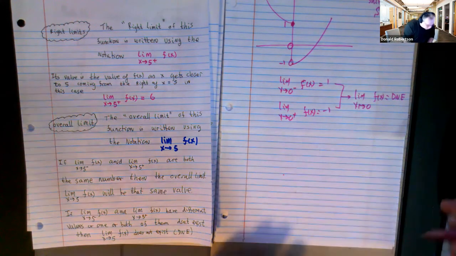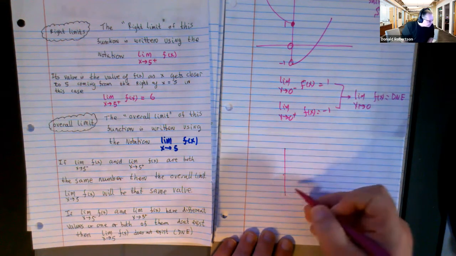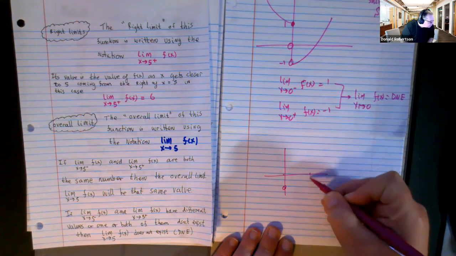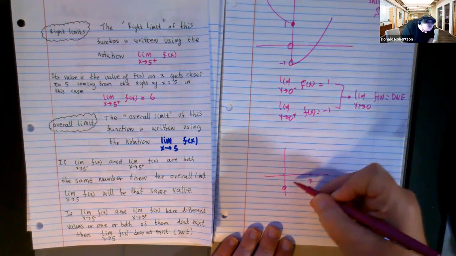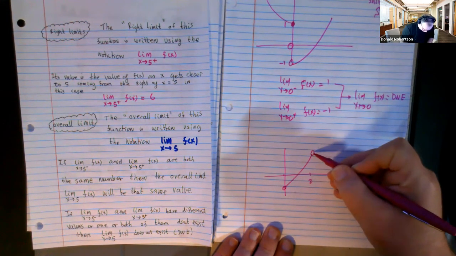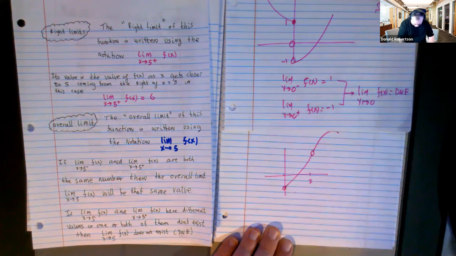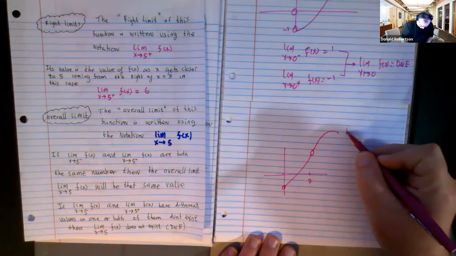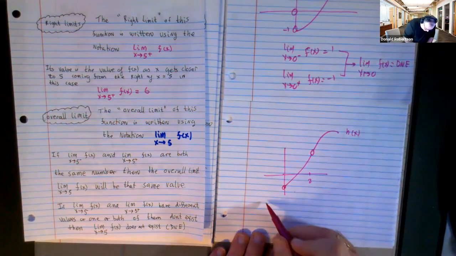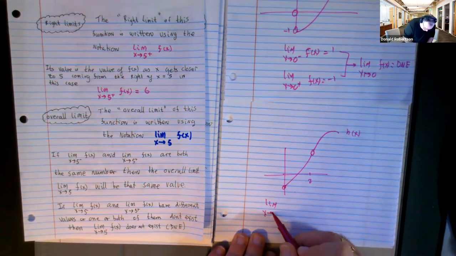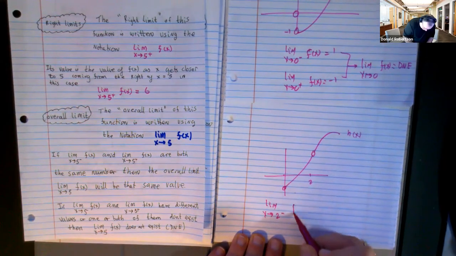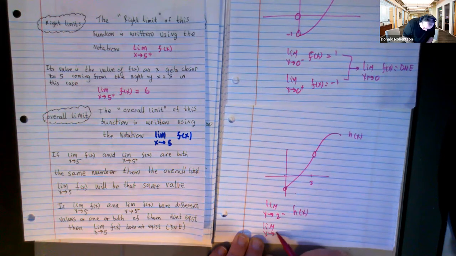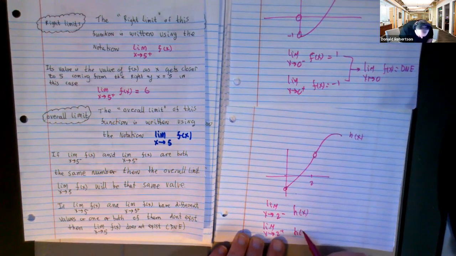Now, if we move on and we look at a different part of the curve, at x equals 2, the curve looks something like this. Right? It's all part of the same function. It's all part of h of x. Now, if I ask for the left limit of this function, and I ask for the right limit of this function, let's see what happens.